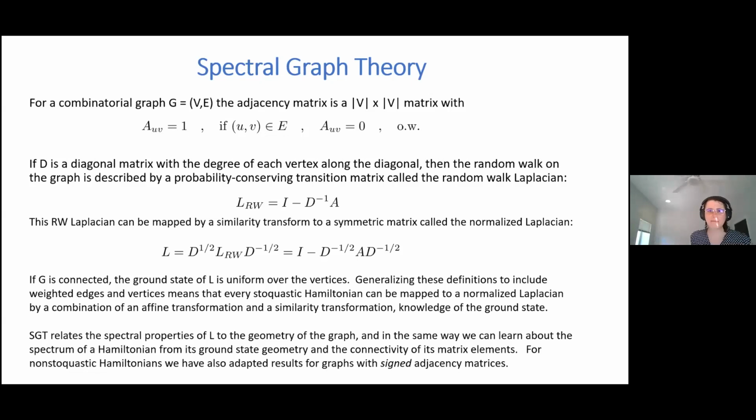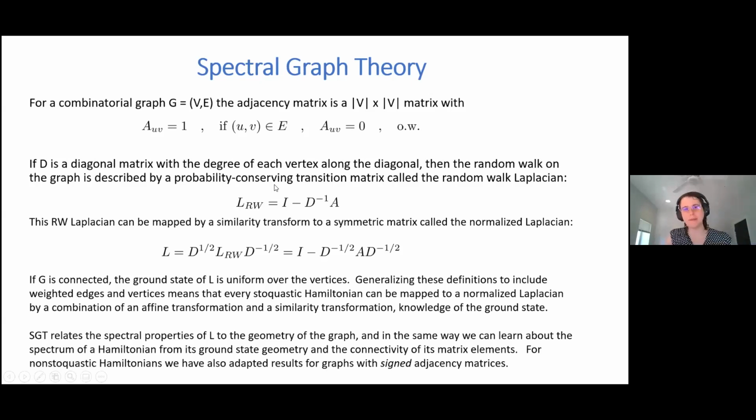Then the random walk on this graph, the transition matrix of that random walk, which is a stochastic matrix, conserves probability, and it's called the random walk Laplacian. I guess in this normalization, I called it the transition matrix.